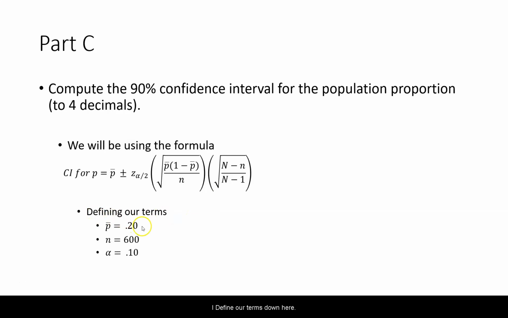I defined our terms down here as p bar equal to 0.20, n is equal to 600, and our alpha, for which we need to find the z-score of alpha divided by 2, is 0.1. So before we go any further, I believe that we should discuss how to find this z-score of alpha divided by 2.